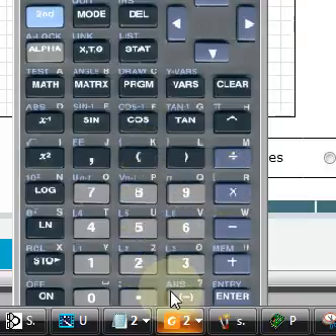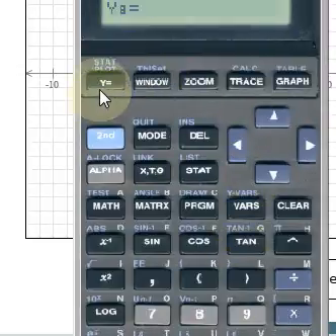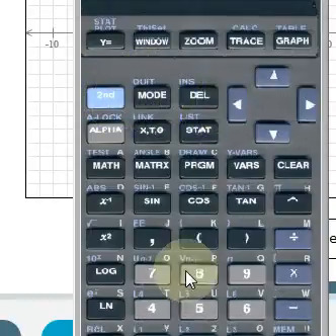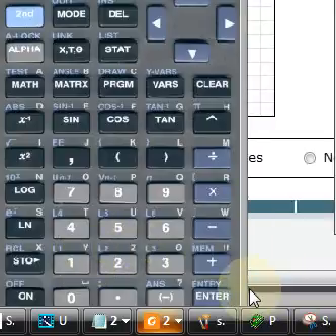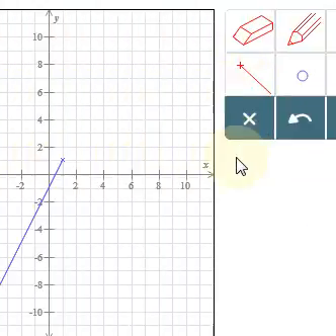Negative. The positive one. One also. They join at that point there.